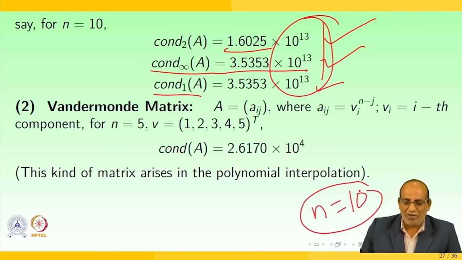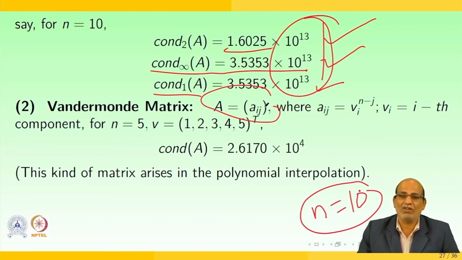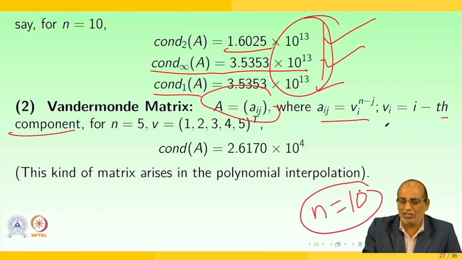Now let us see the Vandermonde matrix. All of you know very well, this Vandermonde matrix plays a vital role in many engineering applications. What is the specialty of this Vandermonde matrix? Aij is equal to Vi raised to power n minus j, where Vi is the ith component.